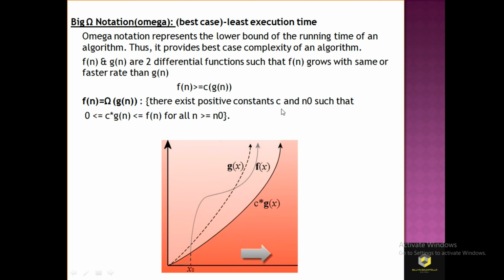There exists a positive constant c and n naught such that 0 is less than or equal to c cross g of n is less than or equal to f of n. Here f of n moves with a faster rate, for all n greater than or equal to n naught.